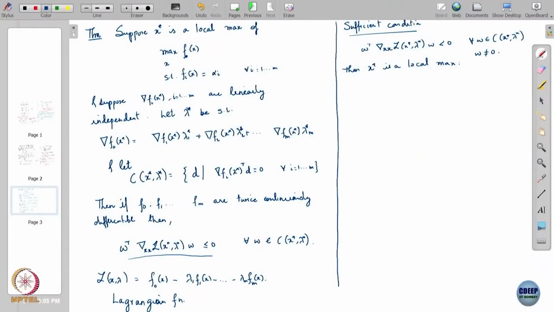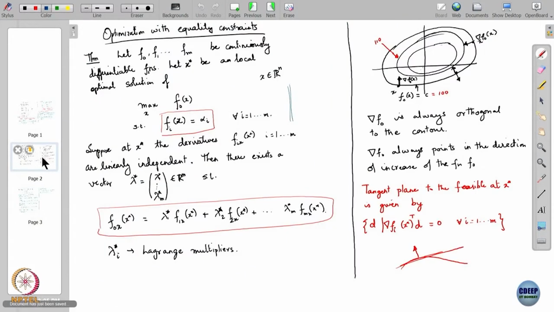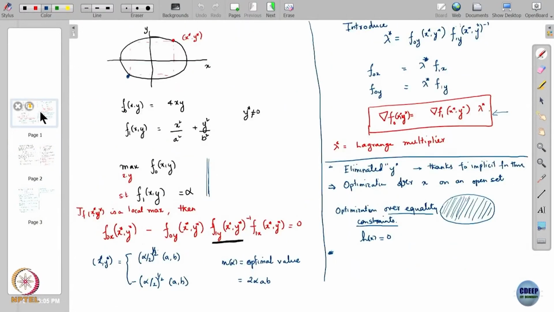So, we can also talk a little bit further about what these Lagrange multipliers are actually saying. And for that, let us go back to our example again. You can actually calculate what the lambda star in this particular case was, and what you will notice is that lambda star satisfies this.